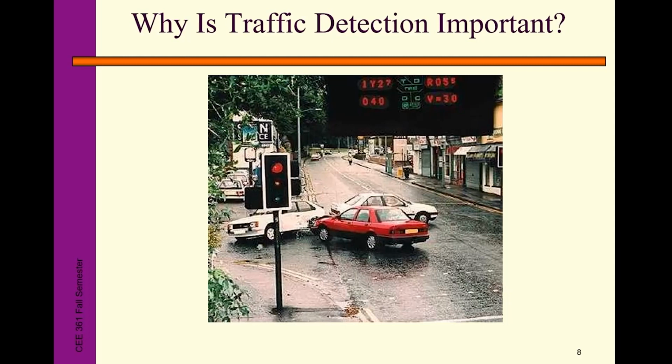That means if a red signal is given to an approach and a vehicle runs the red signal and tries to pass through the intersection during the red indication, the cameras will be triggered and capture a picture of the vehicle and identify it. Then we can reduce red light running behavior.